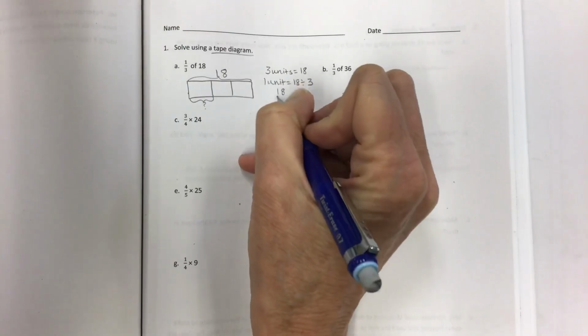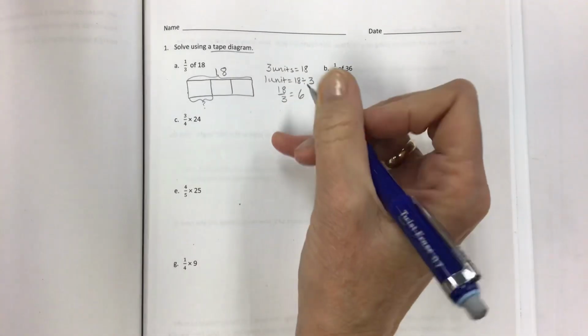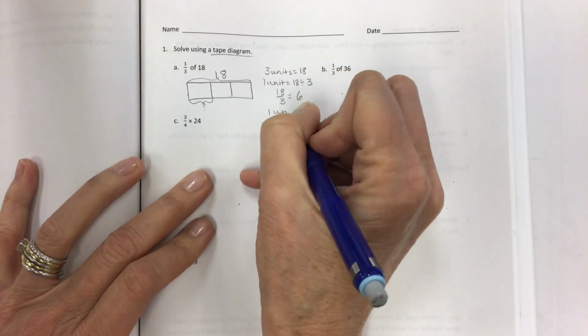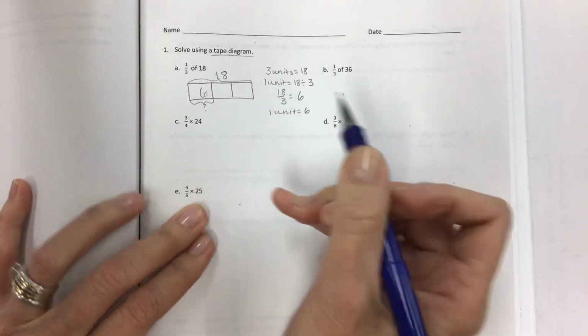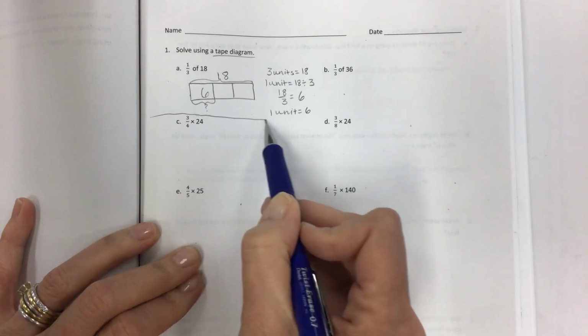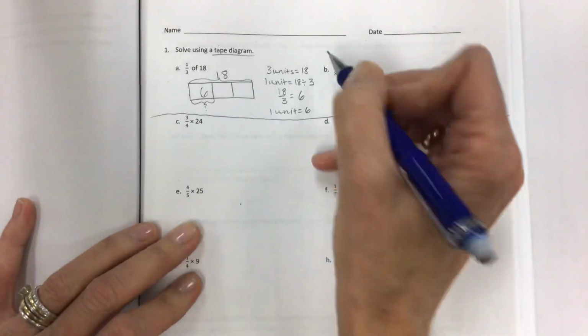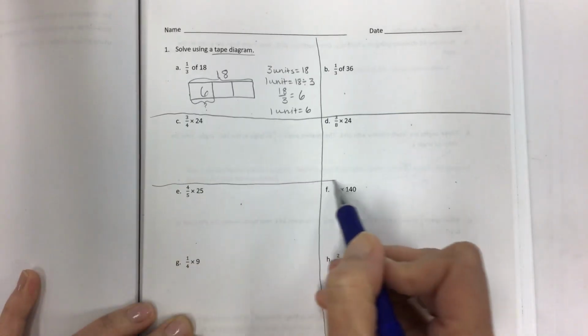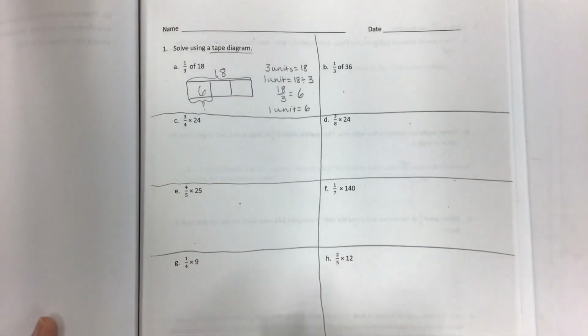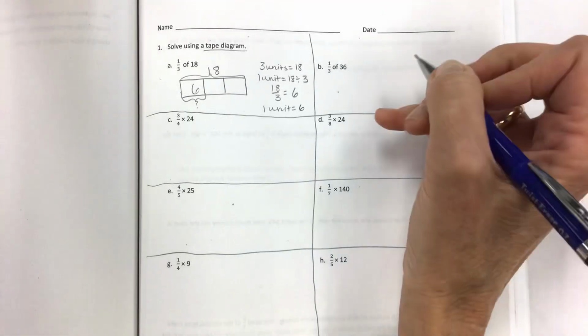You can do this if you want, which equals 6. So 1 unit equals 6. Now you could find out 2 units or 3 units or whatever. And also, if you want to not run into all the other problems, you can make lovely little sections like this before you get too far in.